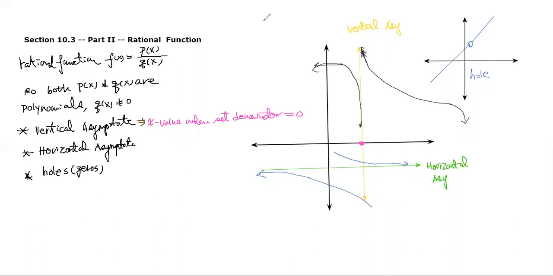So that's good. Let's take a look at horizontal asymptotes here. The horizontal asymptote is about the y values here. Now, what is this y value? It is when x approaches infinity or x approaches negative infinity.